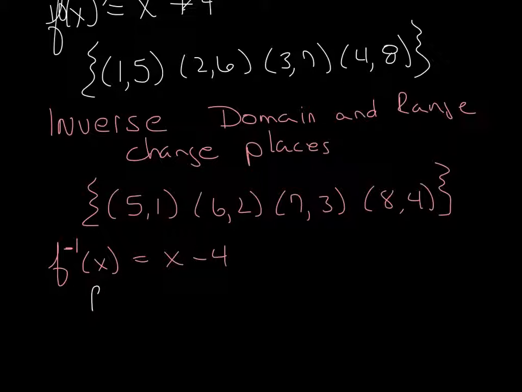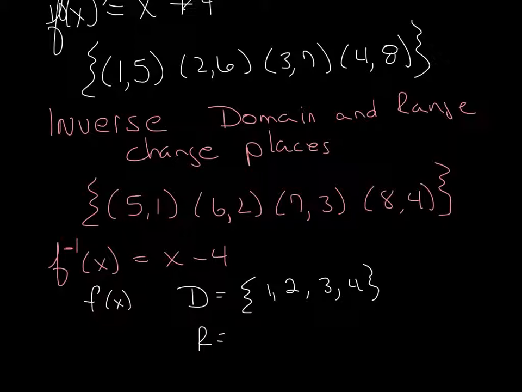If we were looking at these two functions with these sets of ordered pairs, for f of x, what's the domain? 1, 2, 3, 4. And what's the range? 5, 6, 7, 8.